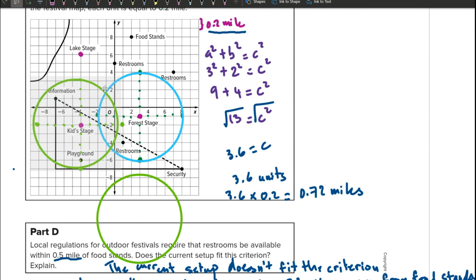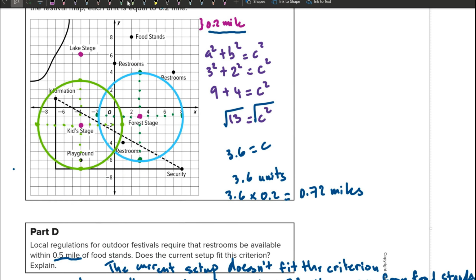Again, you probably have to draw the circle yourself. So with these 2 circles, we know this point is exactly 1 mile away from both the kid stage and the forest stage. Also, the point over here is exactly 1 mile, but we want this station to be exactly 1 mile away from 3 different stages.